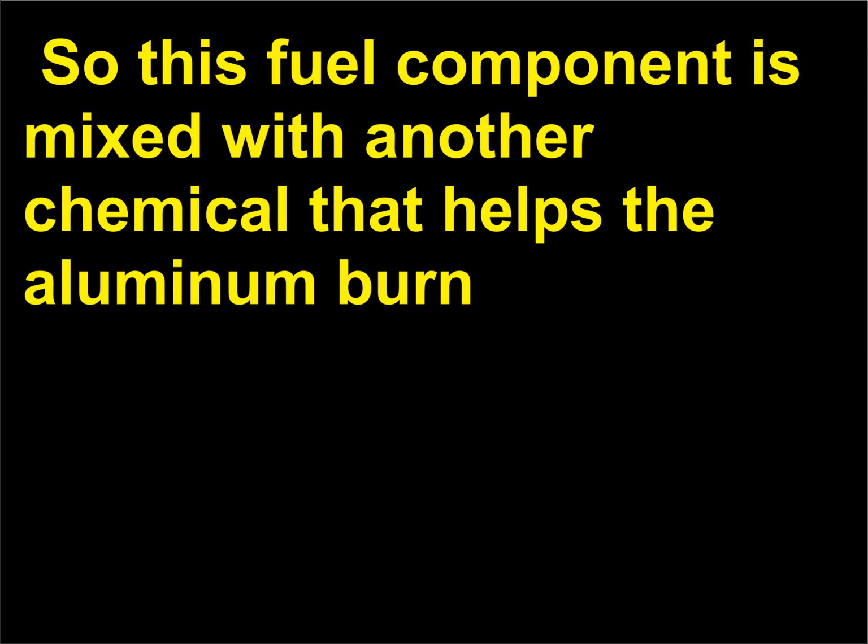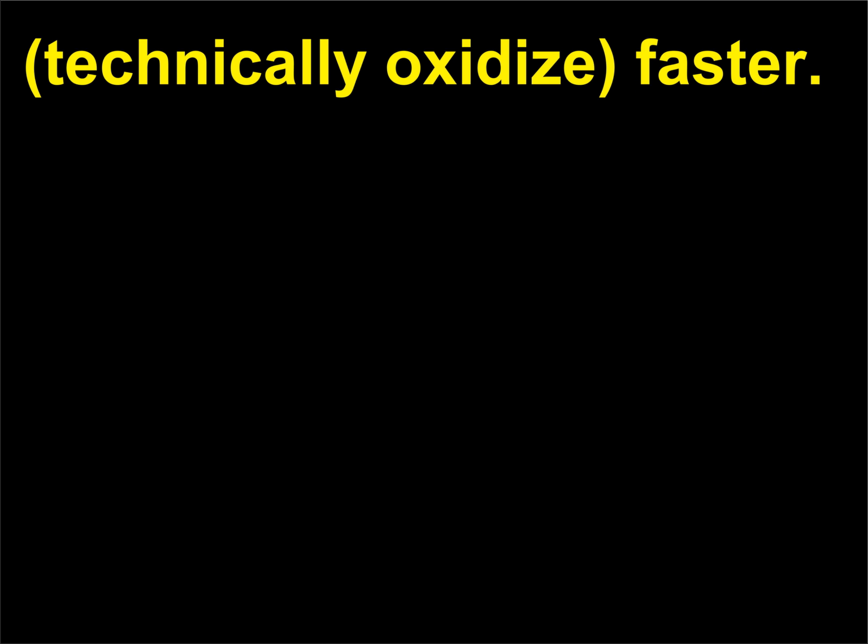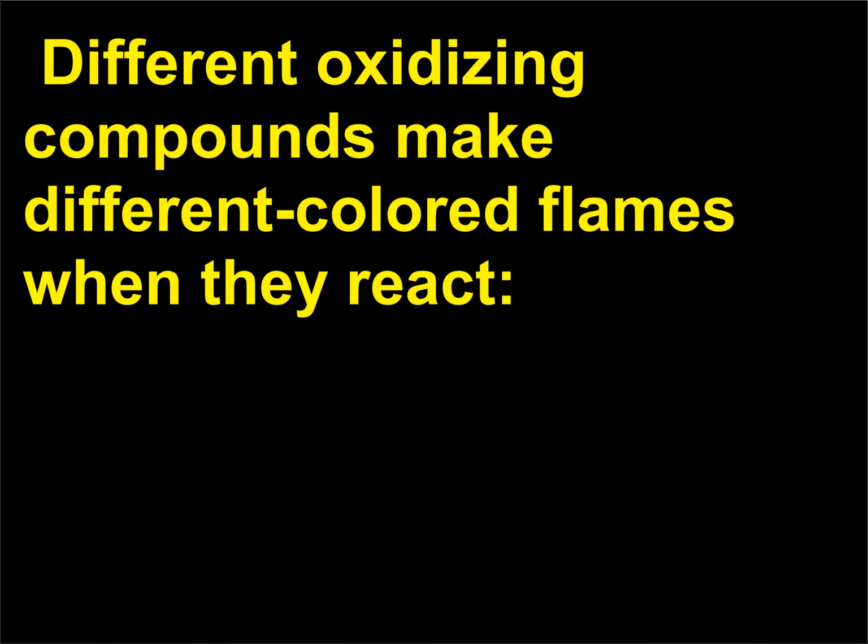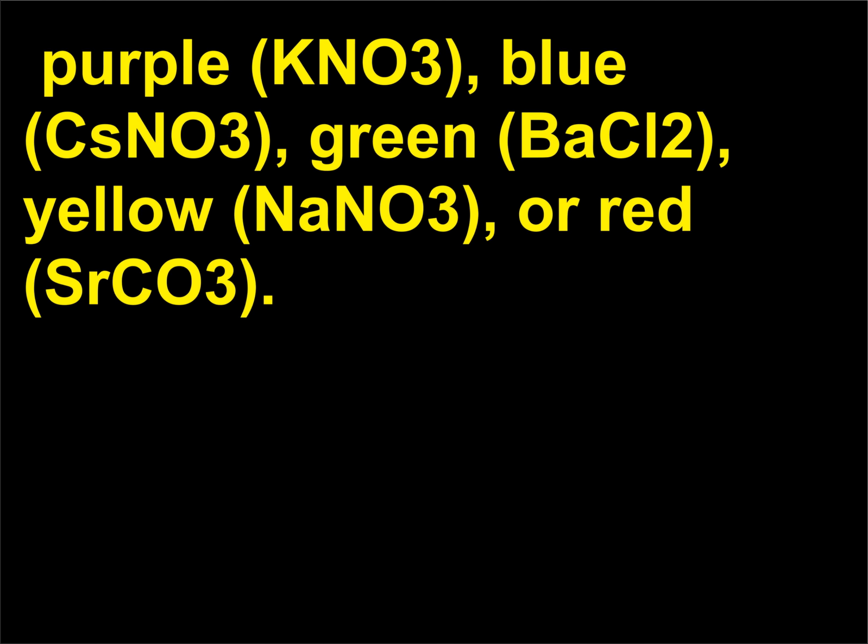So this fuel component is mixed with another chemical that helps the aluminum burn, technically oxidize, faster. Different oxidizing compounds make different colored flames when they react: purple, KNO3; blue, CsNO3; green, BaCl2; yellow, NaNO3; or red, SrCO3.